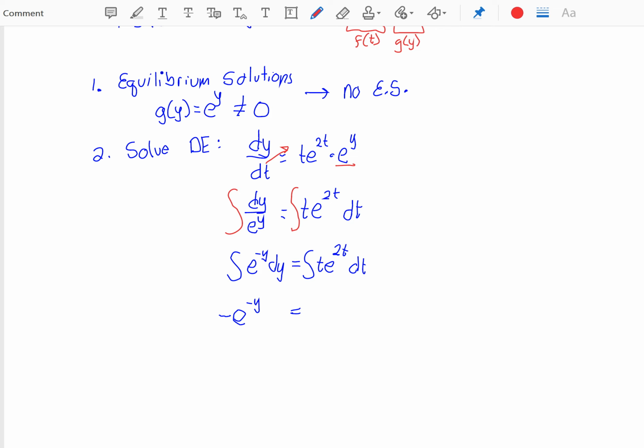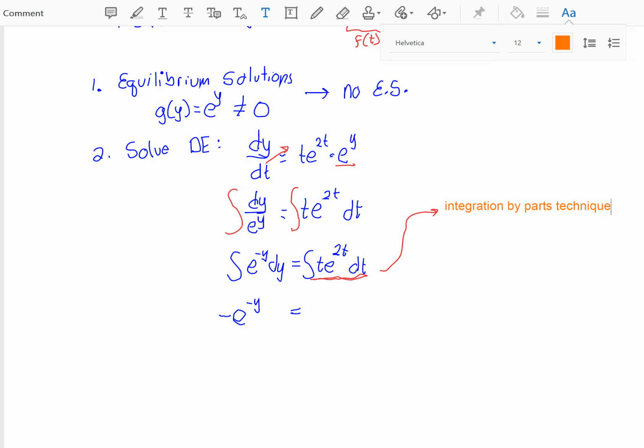Now, the right-hand side, we want to recognize this integral. And I know I'm going to be asking you to remember a lot of things from calculus. Here, what I'd like you to remember is the integration by parts technique.